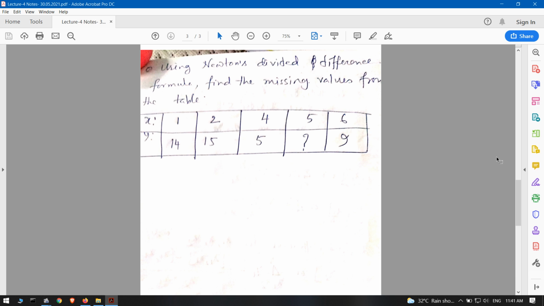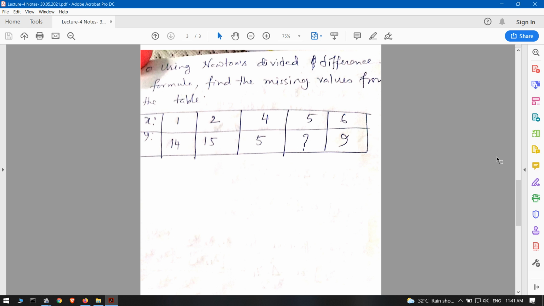Now let us try to calculate the first divided difference. What will be that first divided difference? That will be 15 minus 14 divided by 2 minus 1, which is equal to 1.